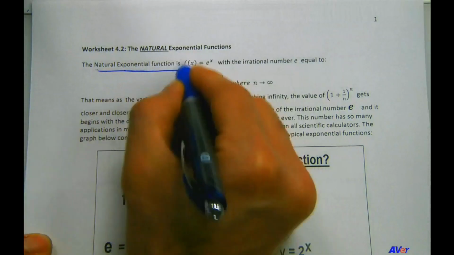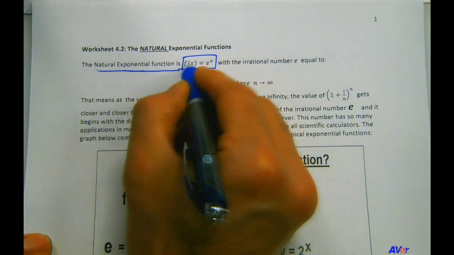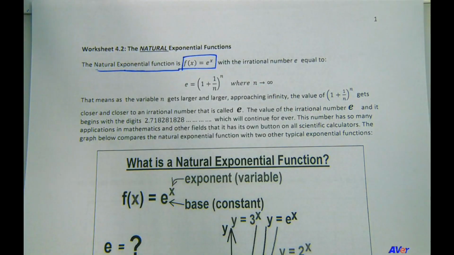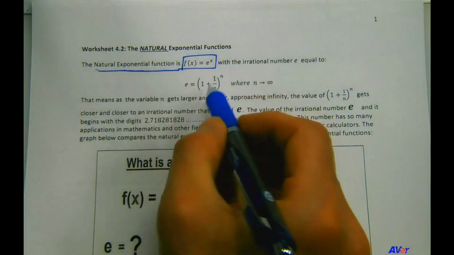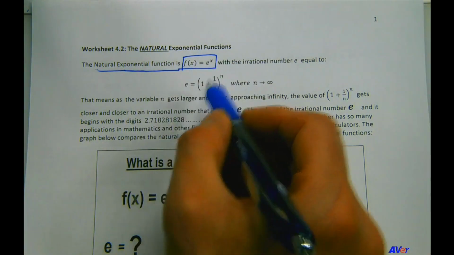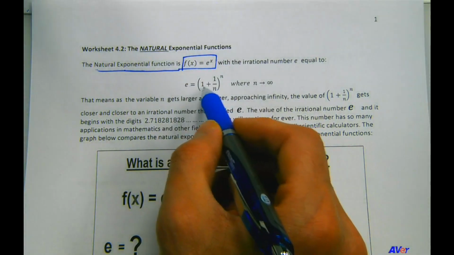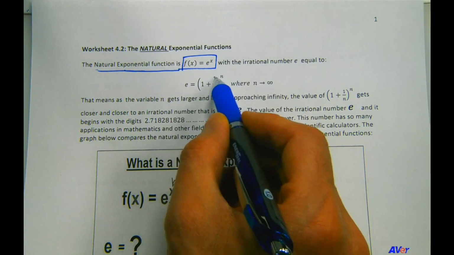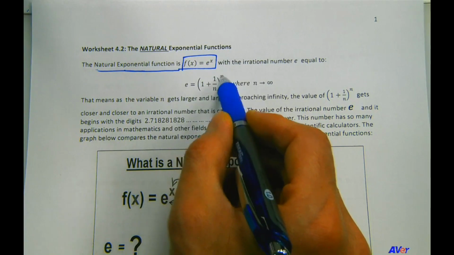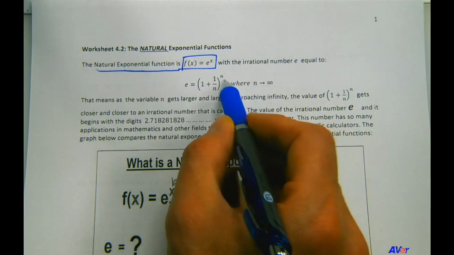is known as this function, f of x equals e to the x. So I often get this question, what is e? Well, the quantity e, you can numerically look at it using this formula that e is equal to (1 plus 1 over n) to the n power, where n approaches infinity.